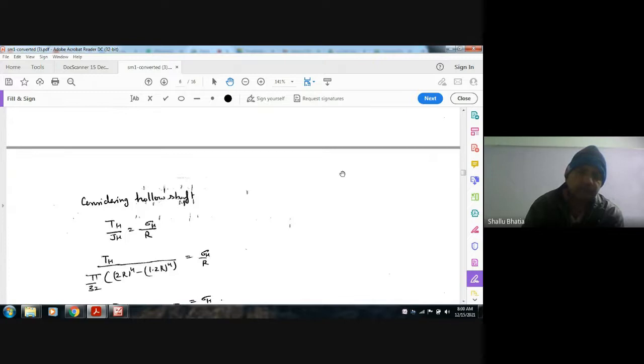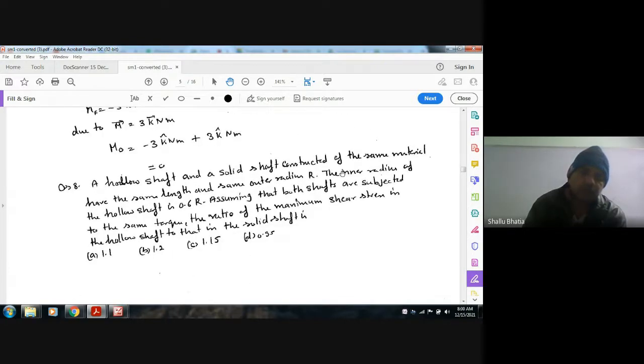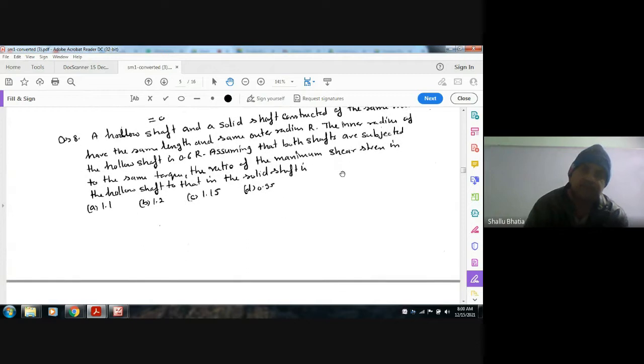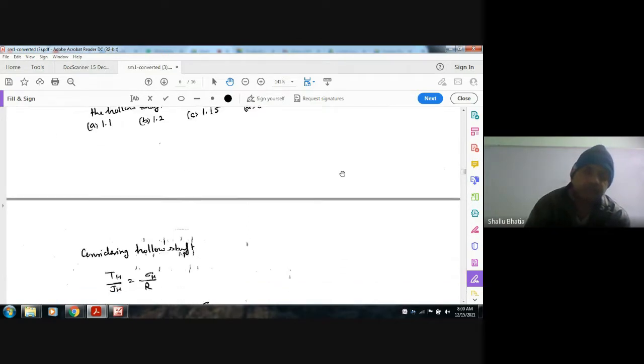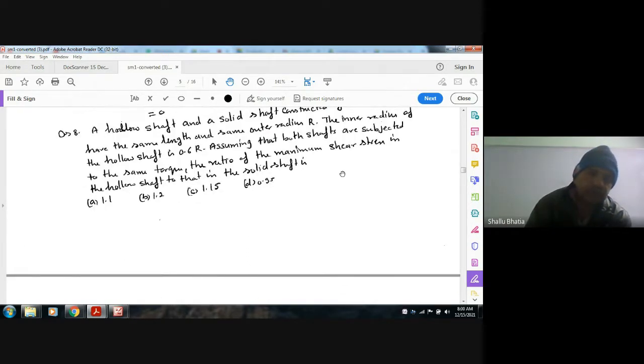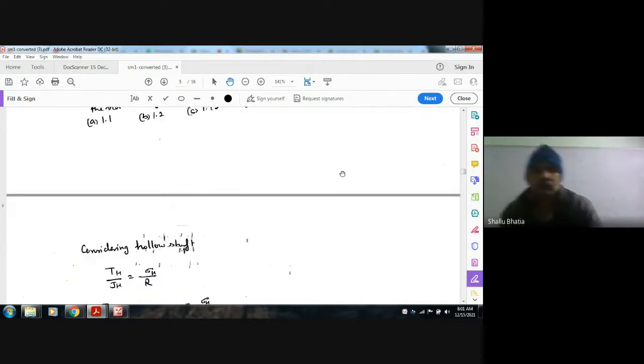So a hollow shaft and a solid shaft are given, the material is the same, the length is the same, and the outer radius is the same. The inner radius of the hollow shaft is 0.6 r. Now you have to calculate the ratio of the shear stress in the hollow shaft to that in the solid shaft.